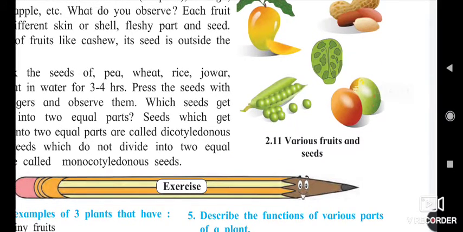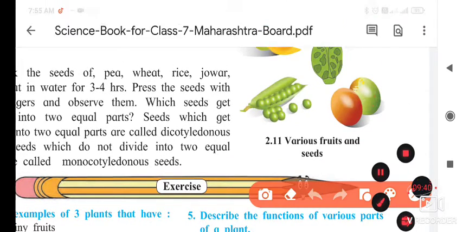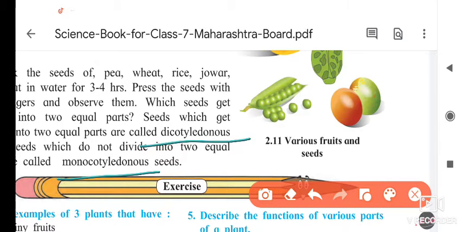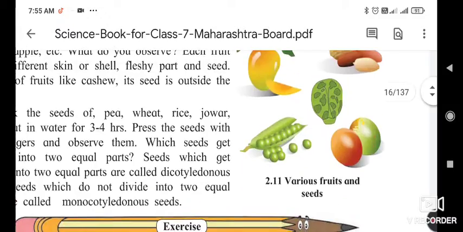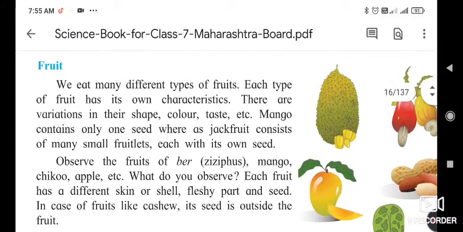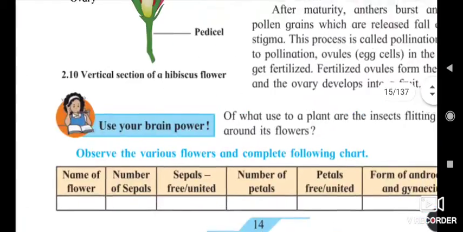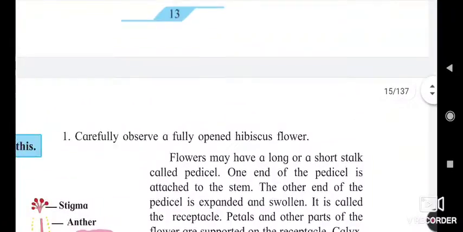So here we have the terms dicotyledonous and monocotyledonous. So here we complete this lesson.